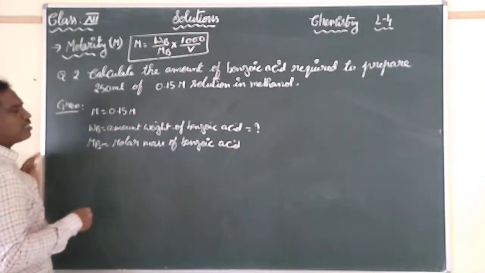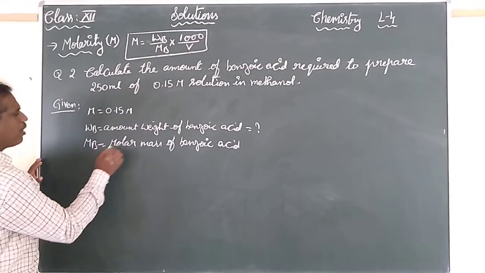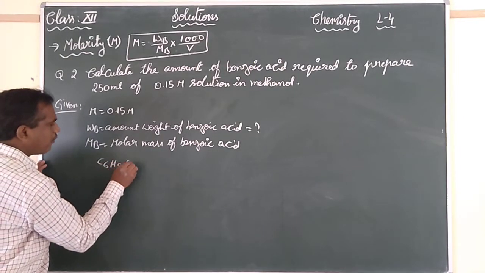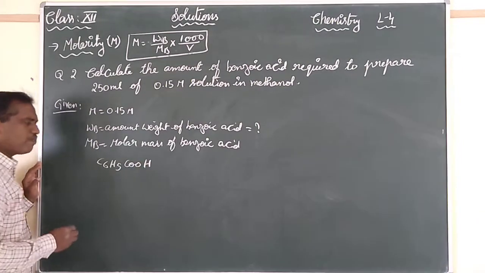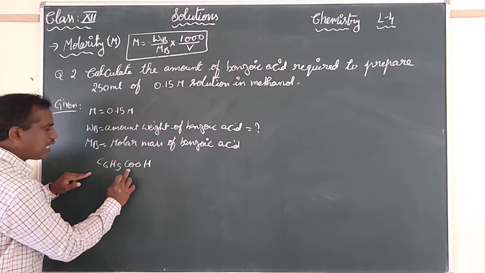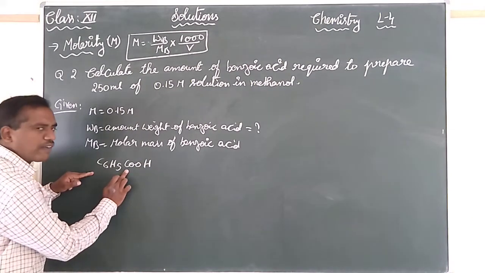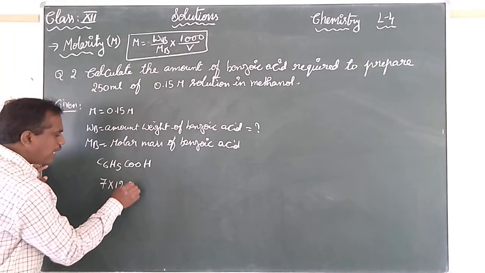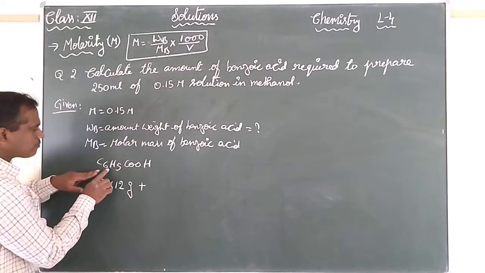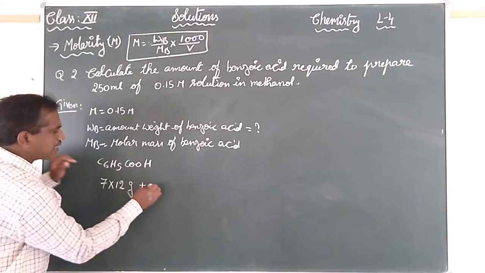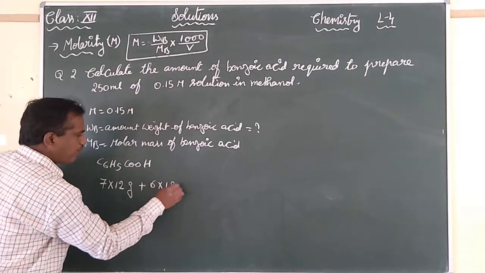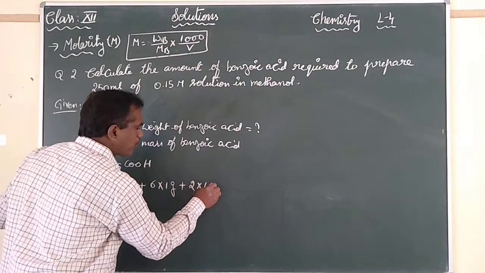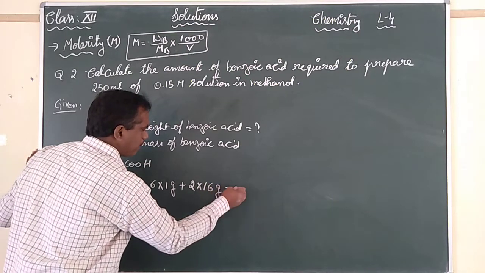So let us see the formula of benzoic acid first of all. Benzoic acid means C6H5COOH. In this one, how many carbons are there? Here 6 carbons are there. Here totally 7 carbons are there. So 7 into 12 grams plus hydrogens are 6 in number, 6 into 1 gram each, plus oxygens are 2, 2 into 16 grams.